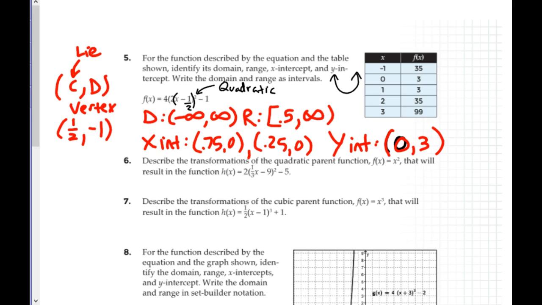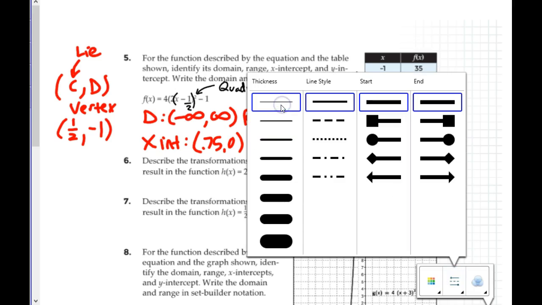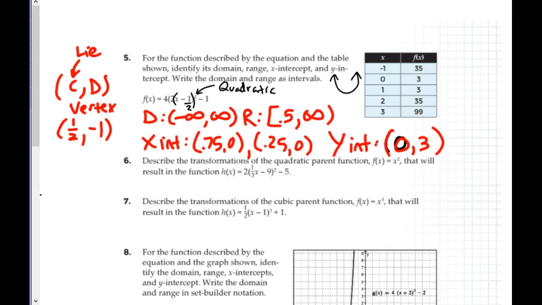Now, number 6. Describe the transformations.